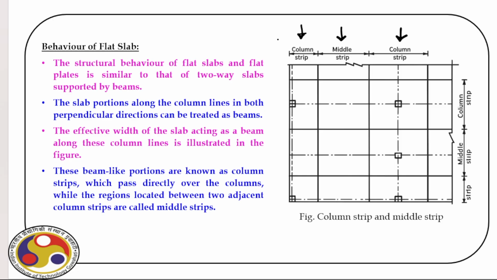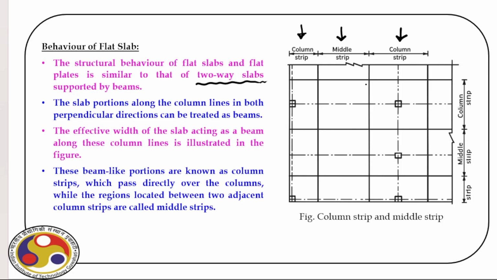Now, the structural behavior of a flat slab, which is actually a flat plate, is similar to a two-way slab. So when we provide reinforcement, recall the two-way slab design, we had reinforcement in two directions.